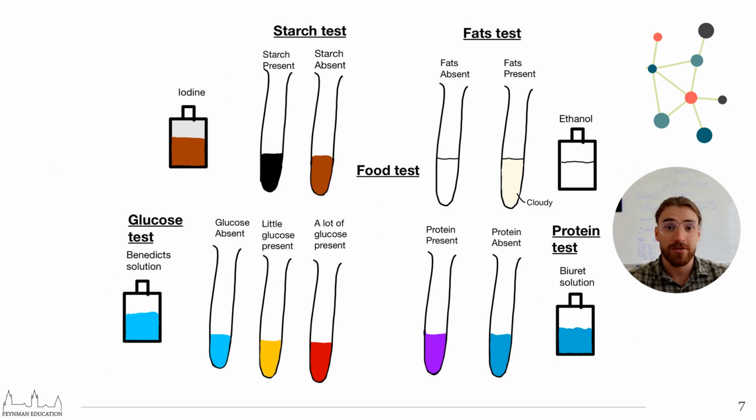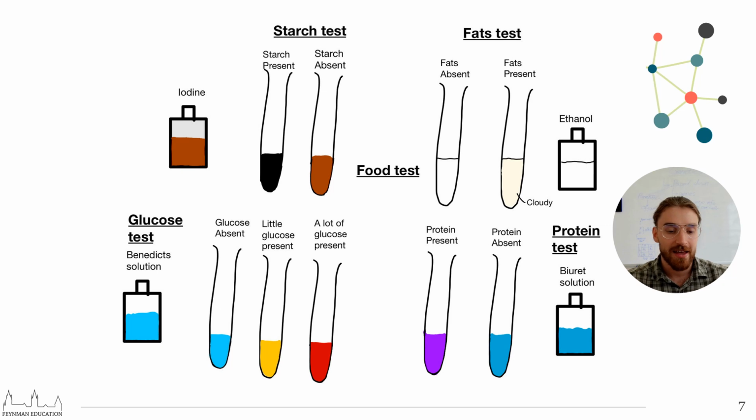The tests that we use to test for these various macromolecules are important to understand for your exams. You should know the positive for the test as well as the negative for the test. When it comes to starch, we're going to use iodine solution. Iodine reacts with starch molecules and goes into this dark blue or black color from its original brown reddish color.